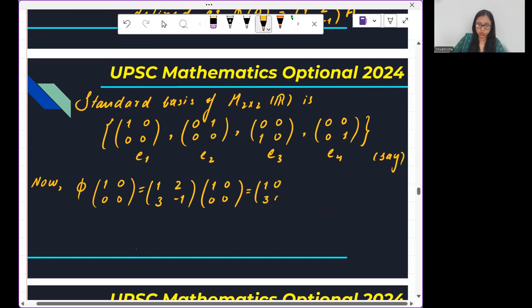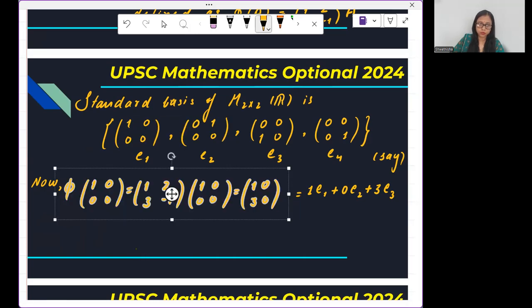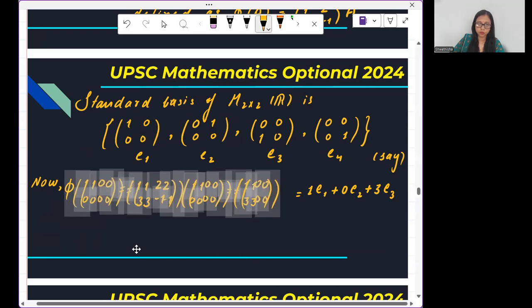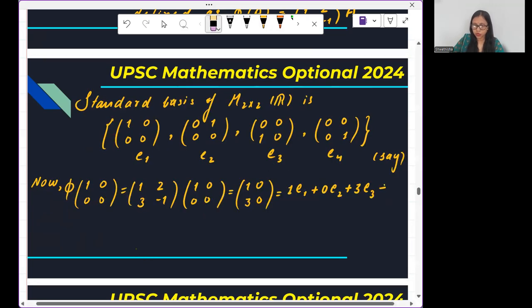This is equals to 1 E1 plus 0 E2 plus 3 E3 plus 0 E4. That's what we want. So we get the first column of the required matrix. 1, 0, 3, 0 is the first column.